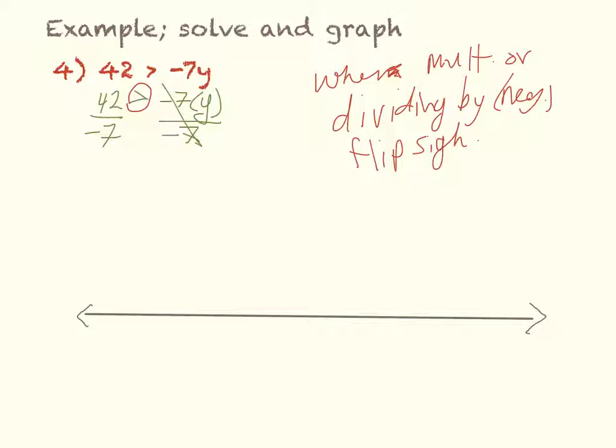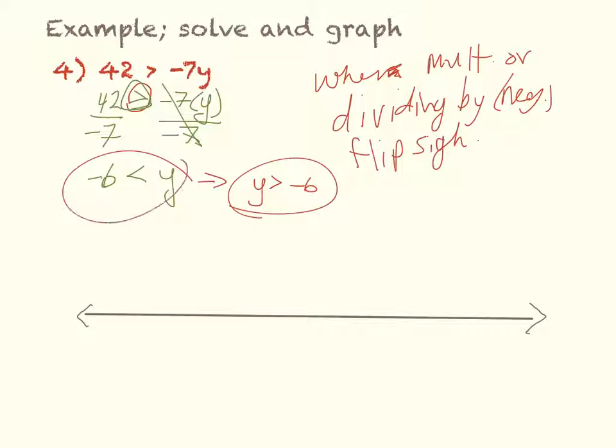Okay, so I've divided by a negative, so I'm going to have a negative 6. I'm going to flip this sign over and make it negative 6 is less than y. Or I could write that as y is greater than negative 6. Either one is correct.